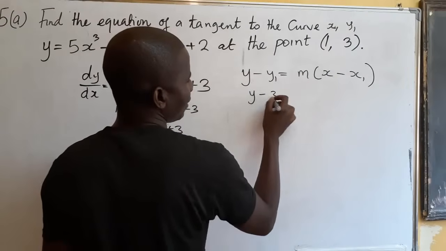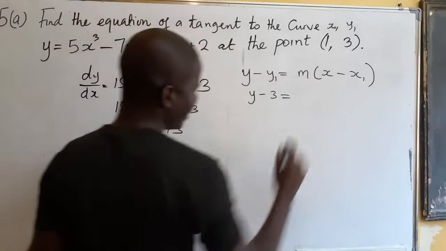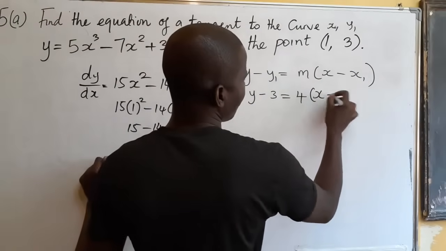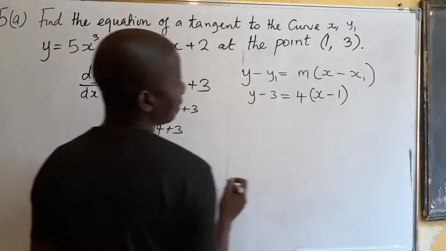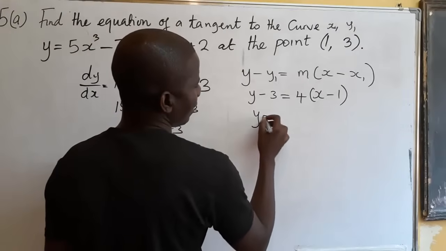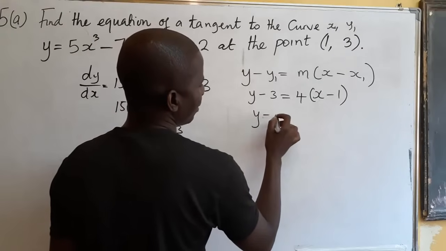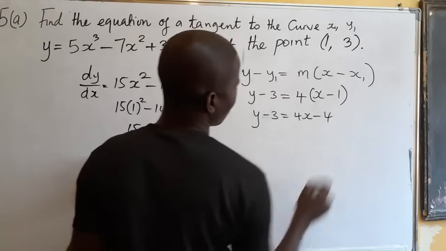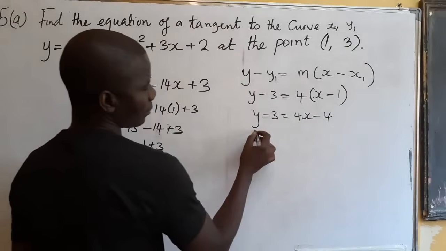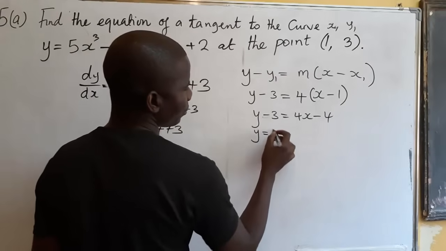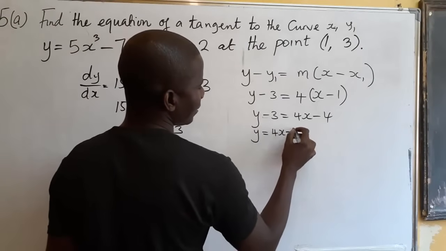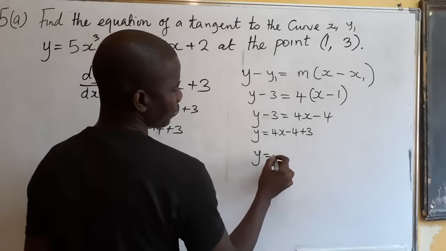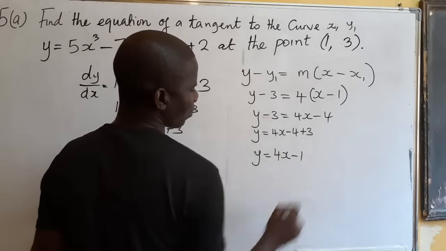So we have y minus 3 is equals to the gradient, our gradient is 4, x minus 1. So we have y minus 3 is equals to 4x minus 4. Okay? So we can say now y is equals to 4x minus 4 plus 3, then y is equals to 4x minus 1.